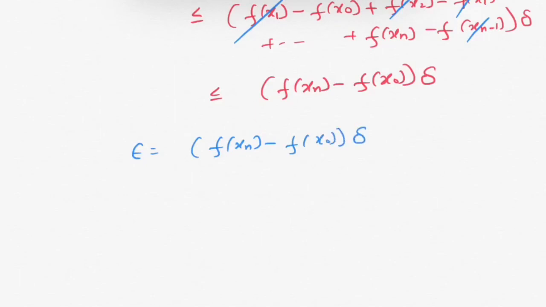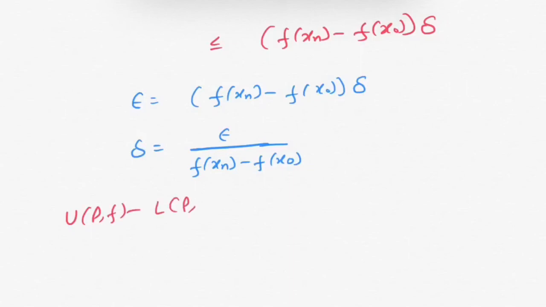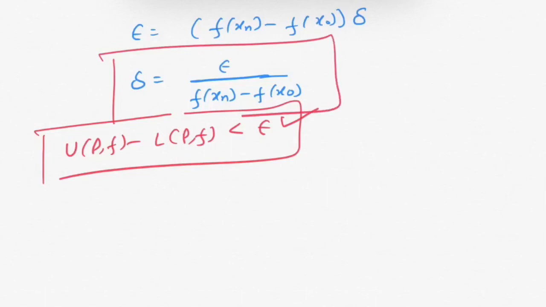From this equation delta will be epsilon over (f(xn) minus f(x0)). Okay, so now U(P,f) minus L(P,f) is less than epsilon. So for this epsilon we have this delta.